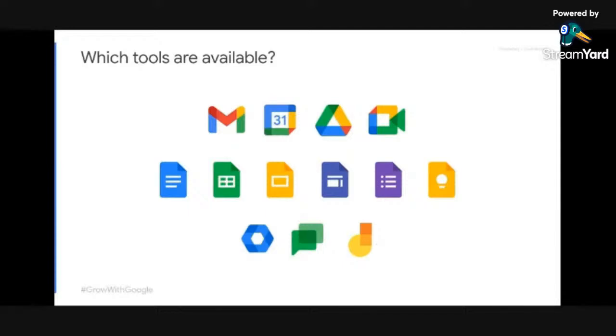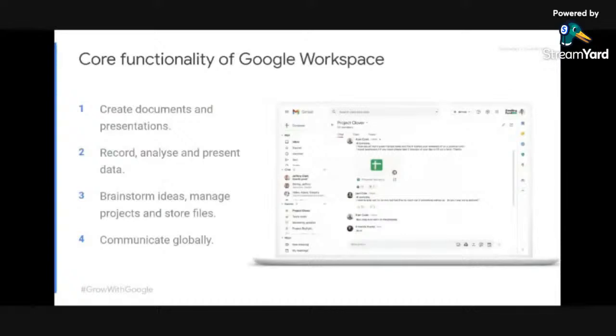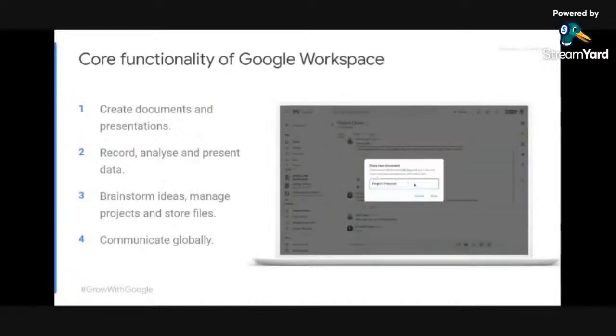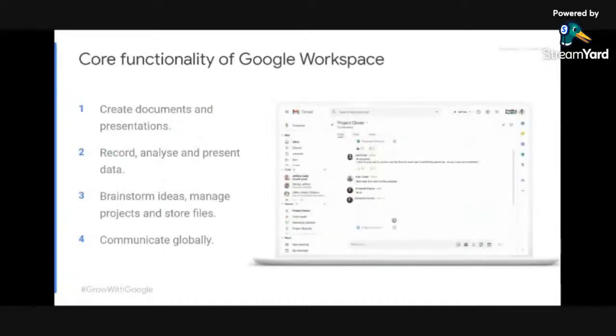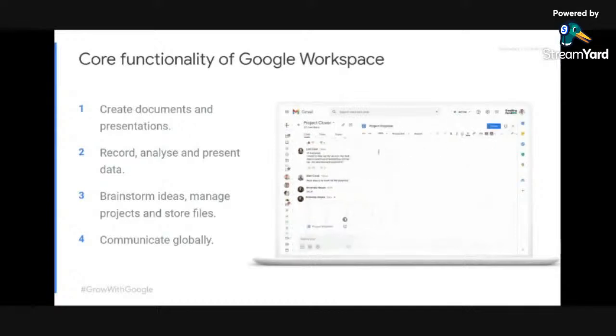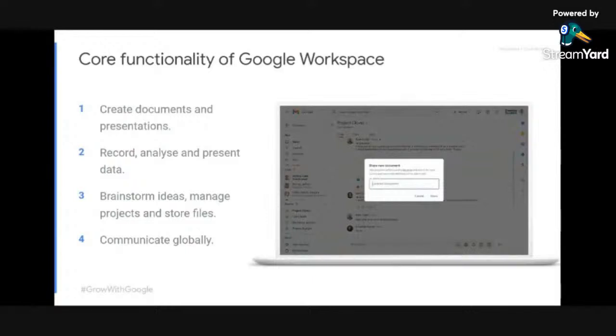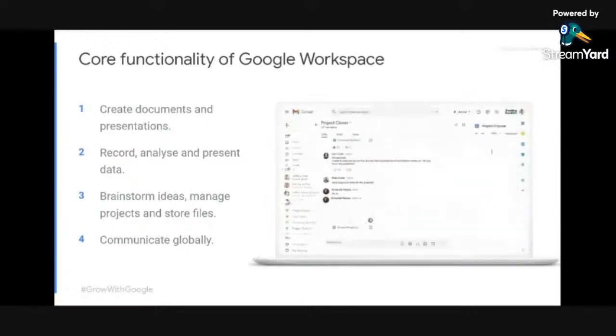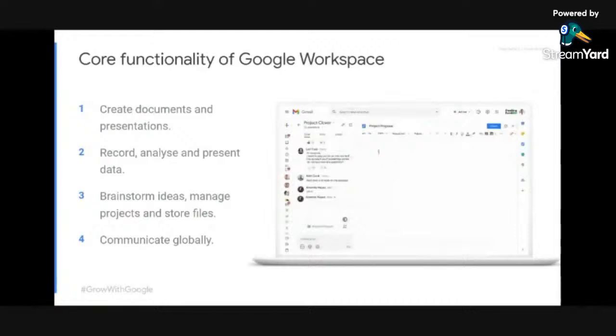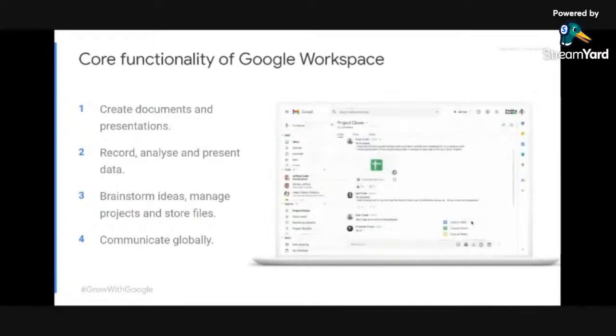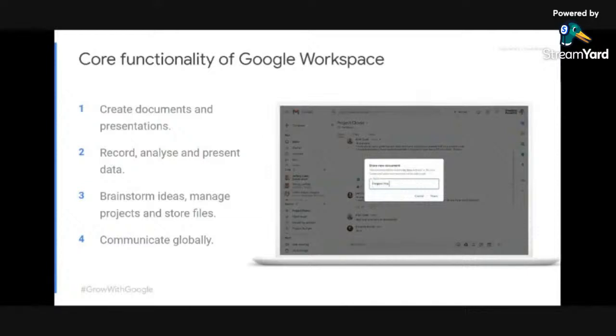So now that we know which tools are available, let's check out the core functionality of Google Workspace. The core functionality of Google Workspace allows you to create documents and presentations, record, analyze, and present data, brainstorm ideas, manage projects, and store files.